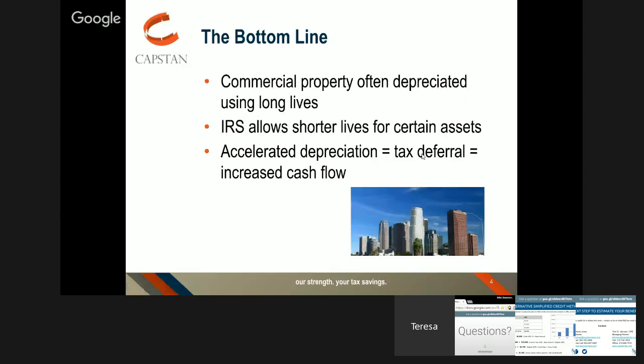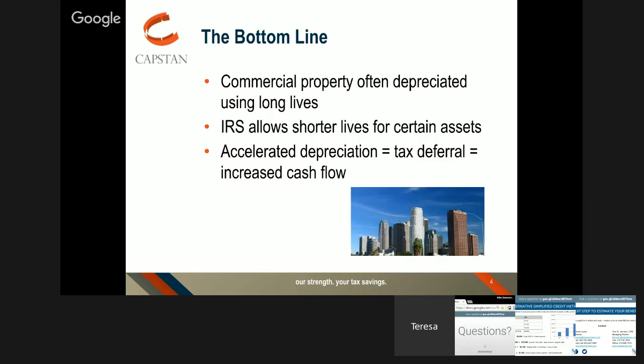Okay, here we go. So a cost segregation study is really a study that supports accelerating depreciation. So what does that mean? Typically, if you have a manufacturing facility where your offices are in the manufacturing facility, or you have multiple buildings within your portfolio, you're going to depreciate that asset over 39 years.